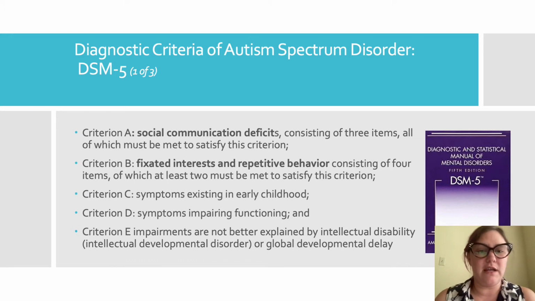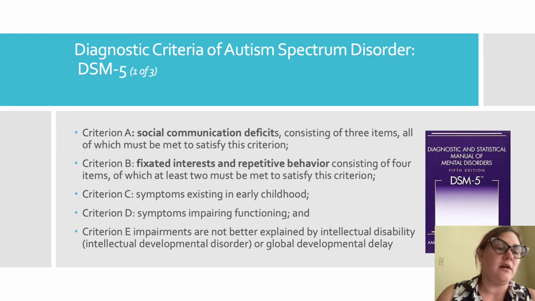For criterion A, there are 3 specific items that all of them have to be met. For criterion B, there are 4 items and 2 of them have to be met. Also, this has to begin in early childhood.